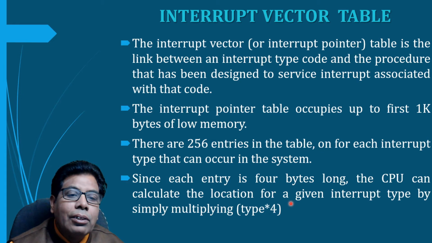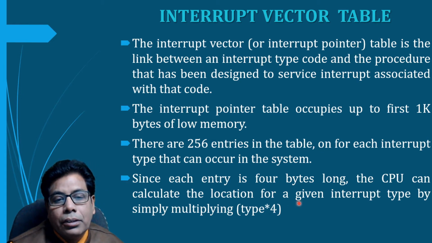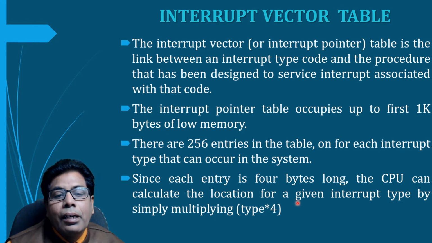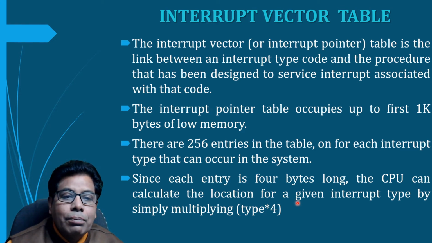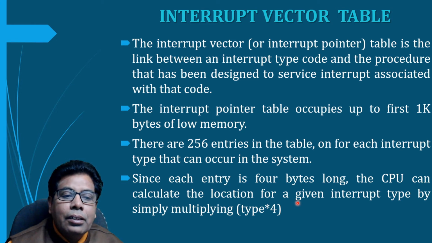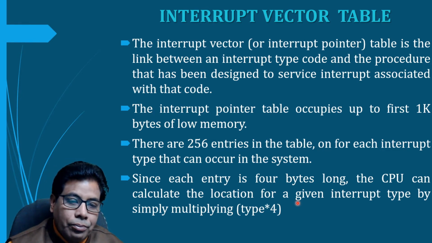The CPU can calculate the location for a given interrupt type by simply multiplying the type by 4. So for example, type 1 will be 1 multiplied by 4, that is 0004.